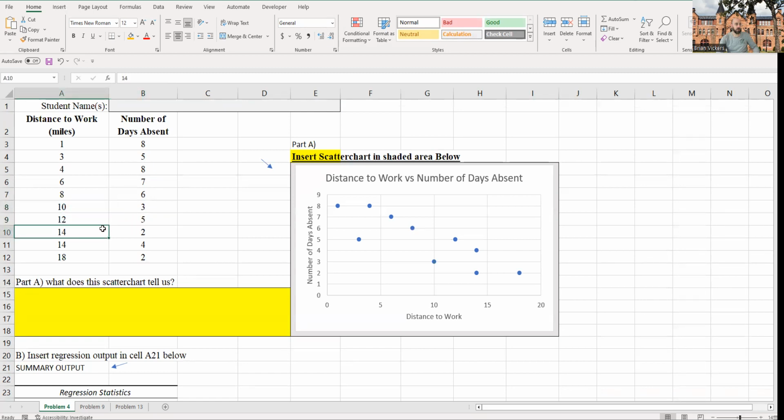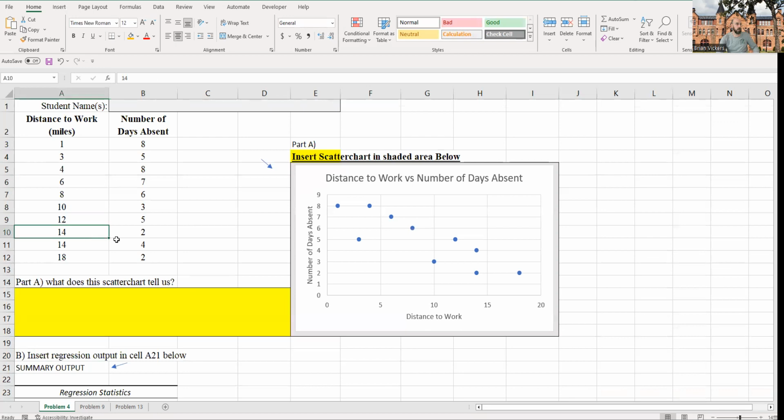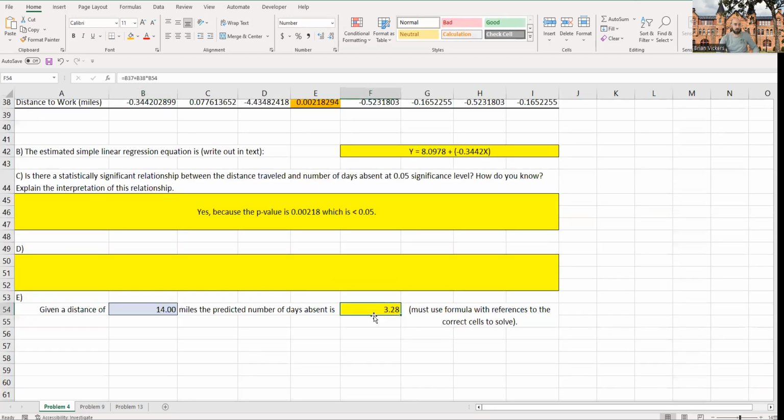If I had 14 miles in this formula, 3.28, and one person lived 14 miles away and was absent twice, and one person was 14 miles away and was absent 4 times. So 3 is the average of that, so it comes out probably pretty close. If we ran all of the residuals of this, we'd probably get pretty close on most of these.